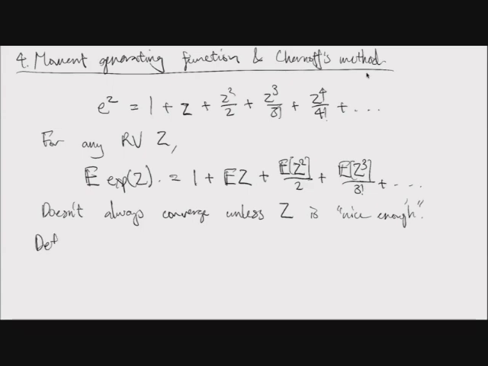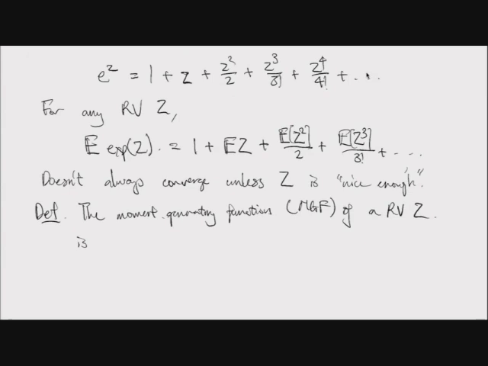Okay, so now we can define what the moment generating function is. The moment generating function, often contracted to just MGF, of a random variable z is usually denoted M_z of lambda.